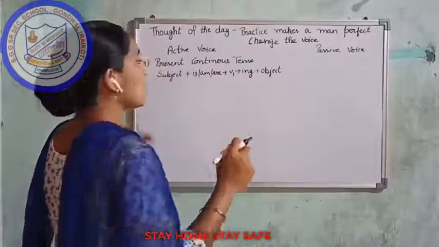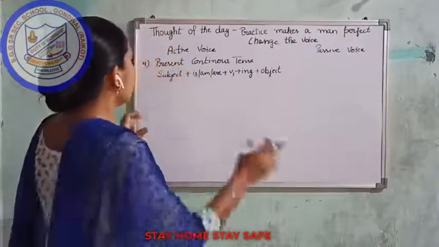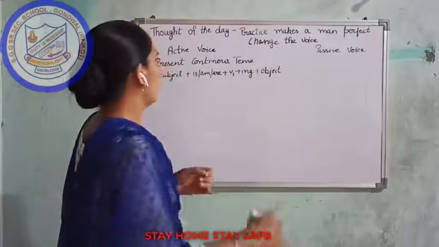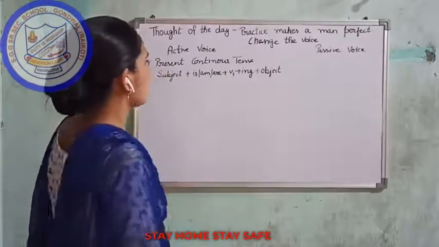This is the indication of present continuous tense. I mean to say, जब कोई काम continuously हो रहा हो, then we call it present continuous tense.